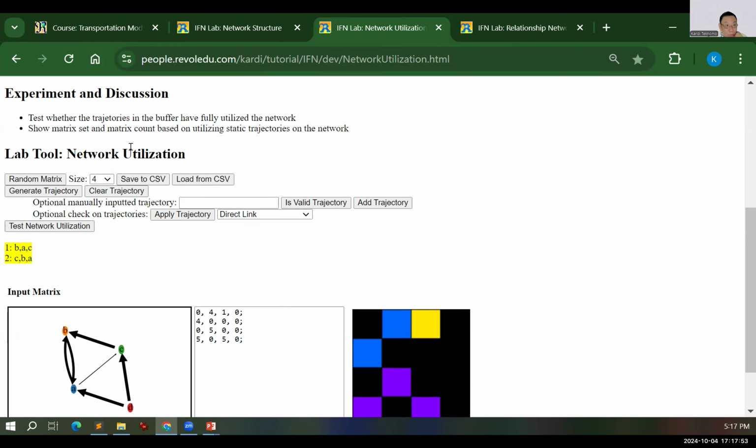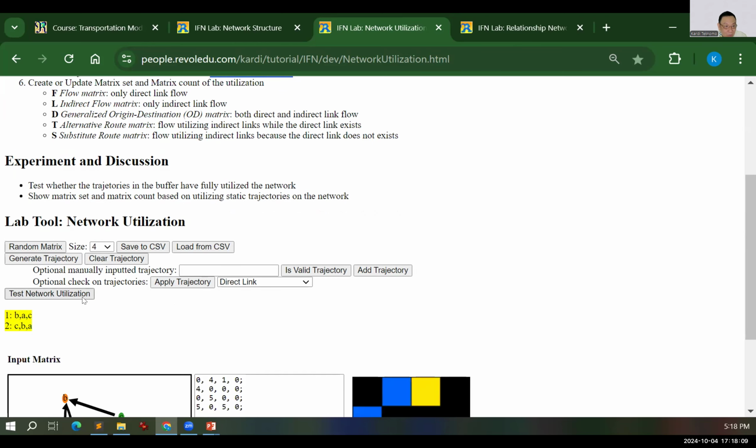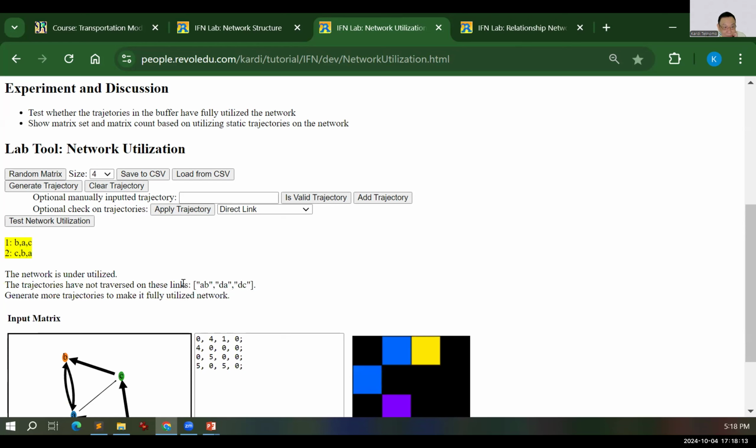Once you create a random trajectory and set it to this buffer, the yellow part, you can test if the trajectory in the buffer has reached full utilization of the network or is still underutilized. There are still certain links here that have not been traversed by these two trajectories.